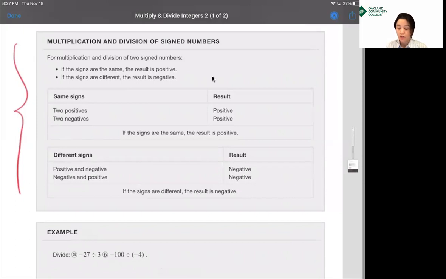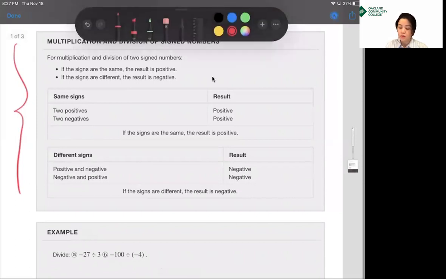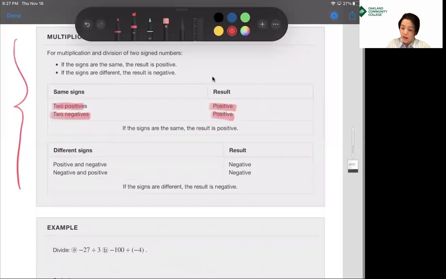If two negative numbers, the result is still positive, right? Because it's the same sign. If different signs, a positive number divided by a negative number, then the result will be negative. If you take a negative number divided by a positive number, then the result is also negative.